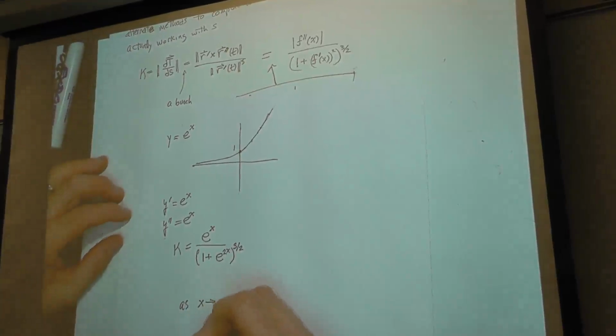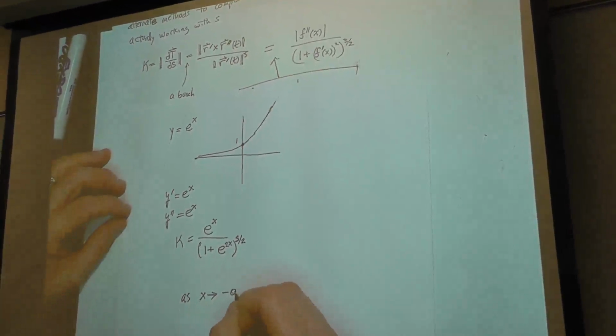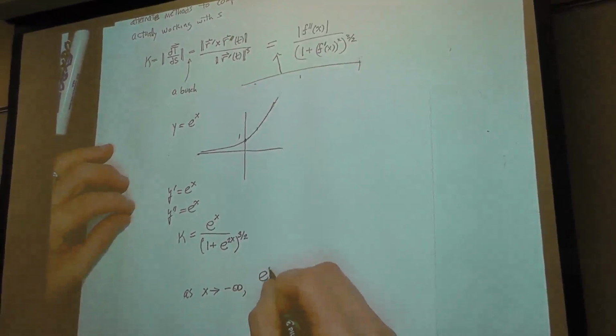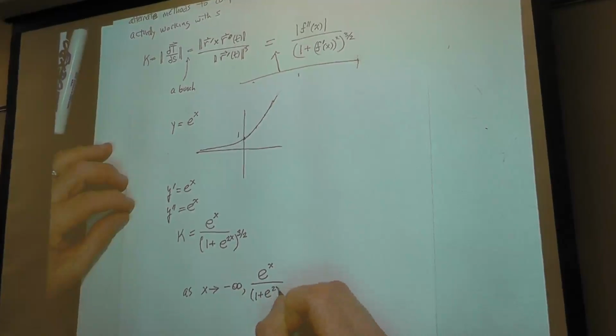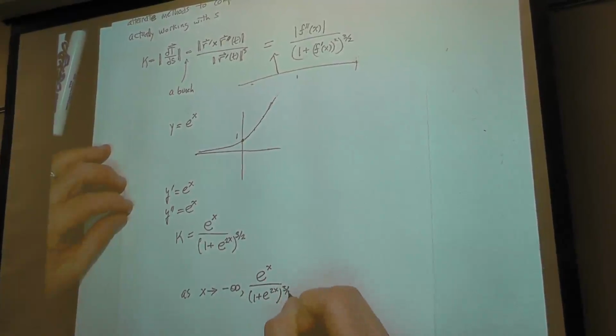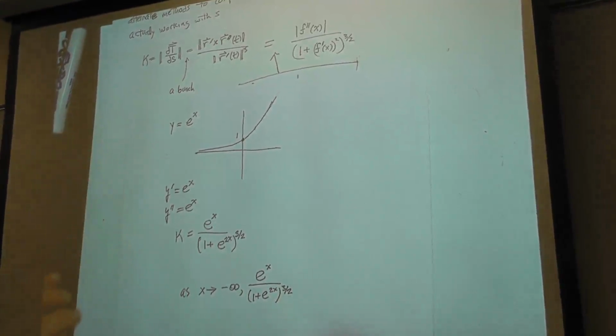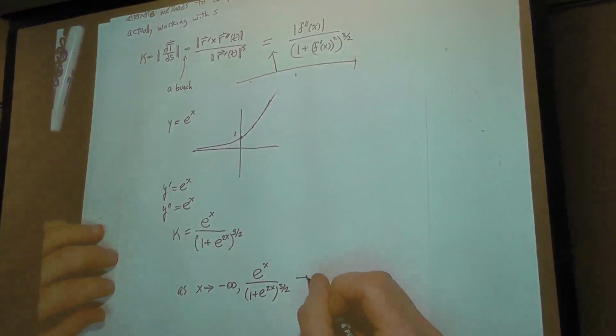As x goes to minus infinity, e to the x over 1 plus e to the 2x to the 3/2 goes to 0.